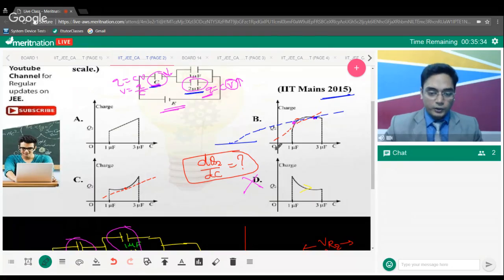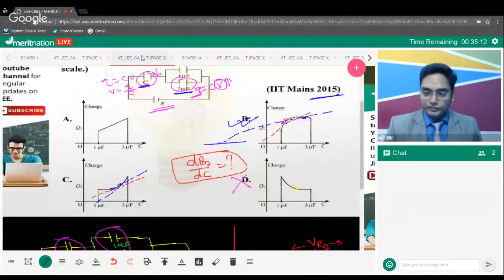Guys, please respond. So in B, the slope is decreasing, right? That's why the correct option is option number B. Here, if we take this point, the slope is increasing. So B is the correct option. Now moving next. I hope this question is clear to everyone.